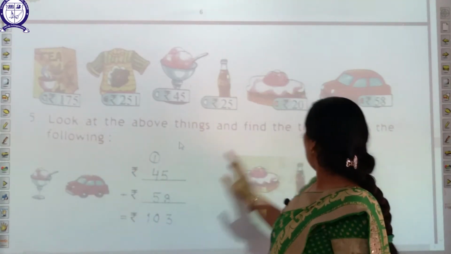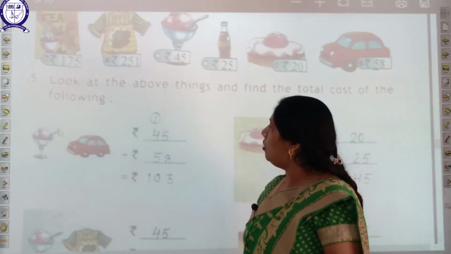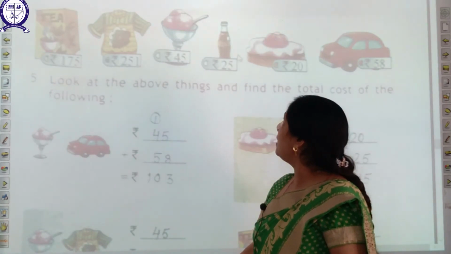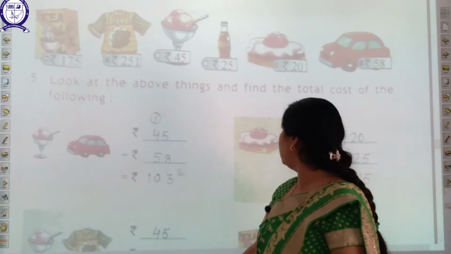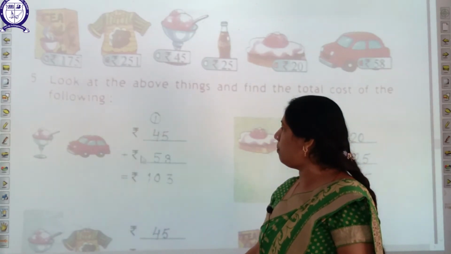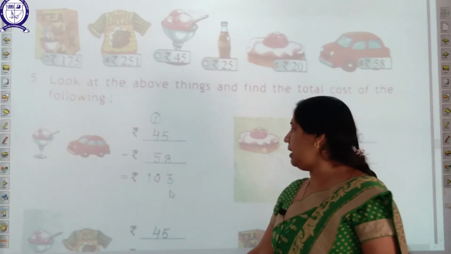Okay, so look here, the cost of an ice cream is 45 and the cost of a toy car 58, and we have to add both these numbers. 5 plus 8, 3, carry 1, 4 plus 5, 10. So the total is 103 rupees.